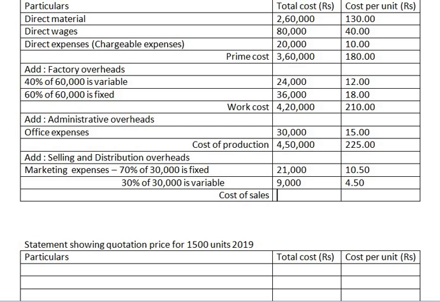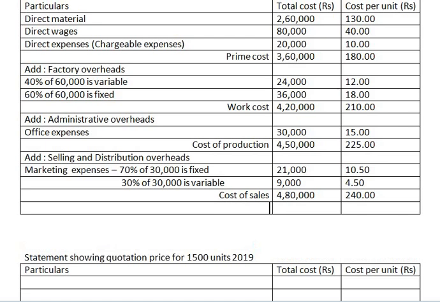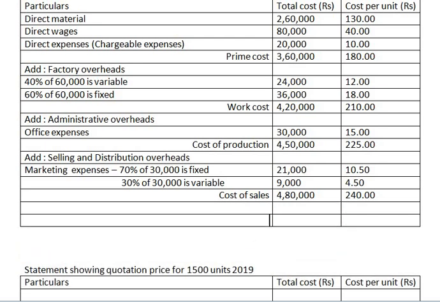That is 4 lakh 80,000. This is 240. Now sales is given.